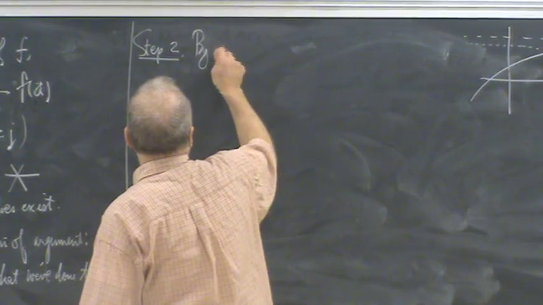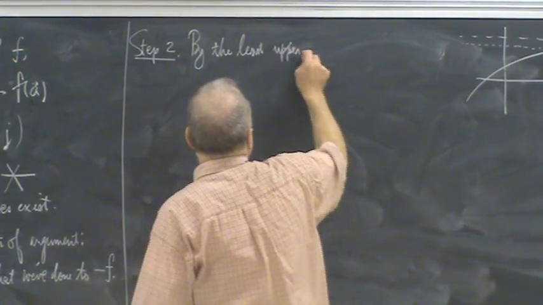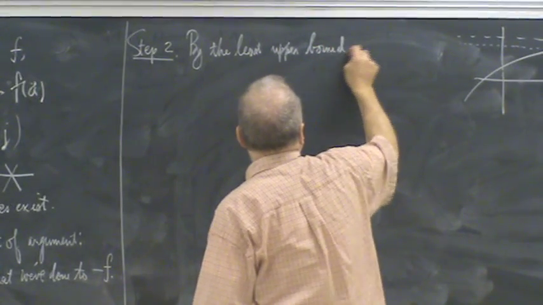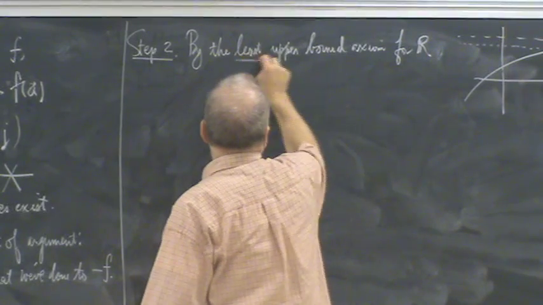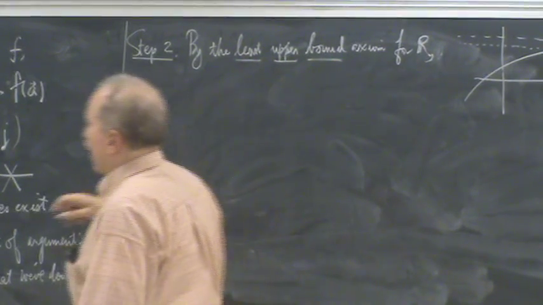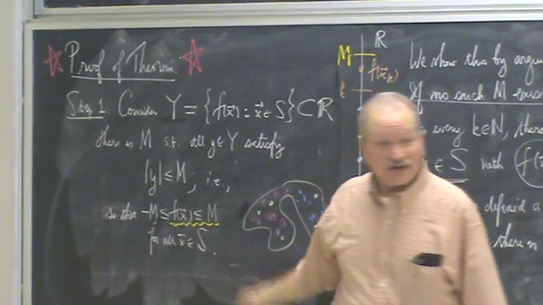So we're going to use some stuff from chapter 2, the least upper bound axiom for the real numbers. We have our set Y of values of f on S. It's a non-empty set of real numbers that's bounded above.